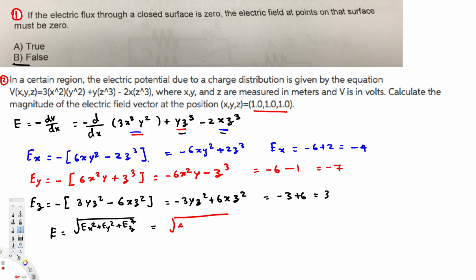First we have 4² plus 7² plus 3², and 4² is 16, 16 plus 7 times 7, what is that? 49, right? 49 plus 9, and if you plug all these values into a calculator and find the final value, that's going to give you 8.6 volts per meter, and that's the electric field due to this electric potential.